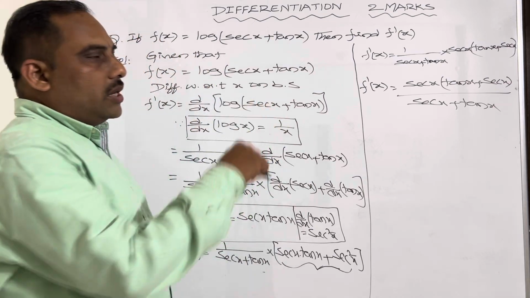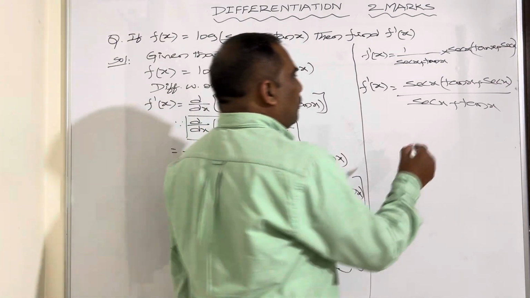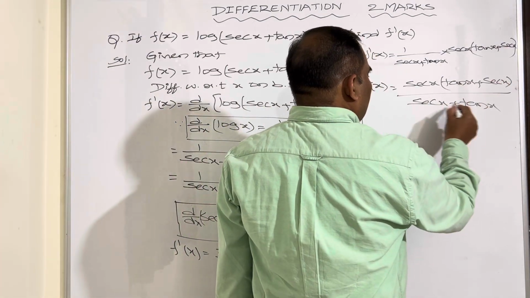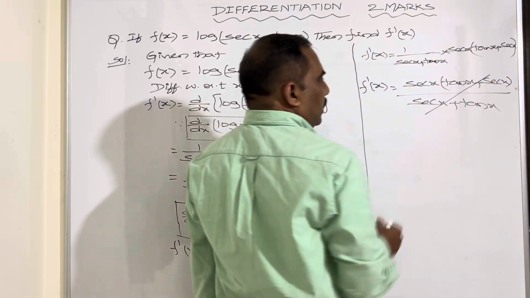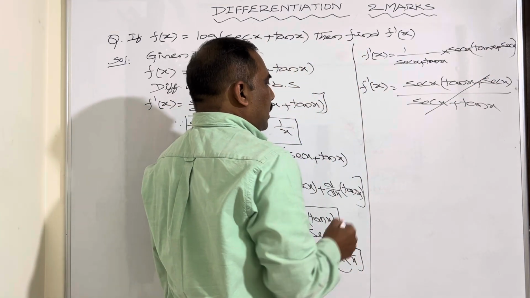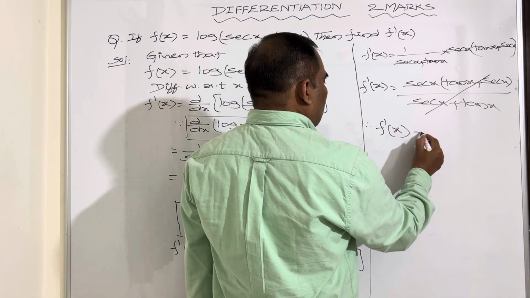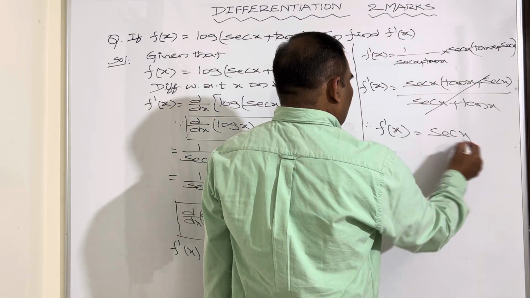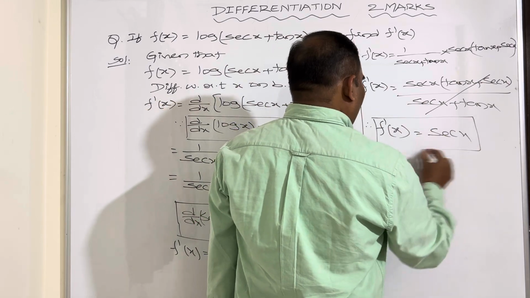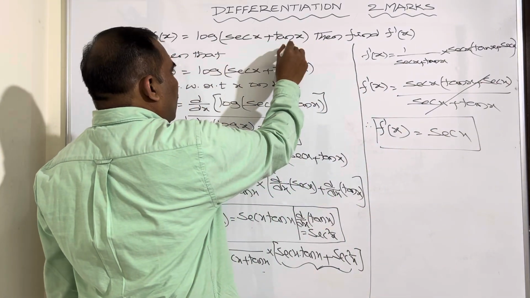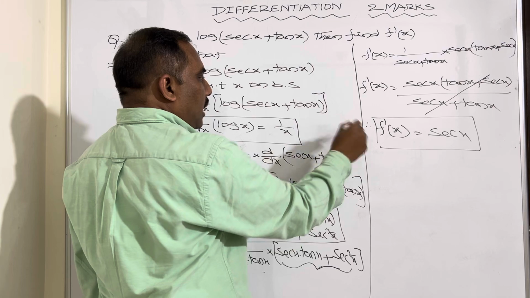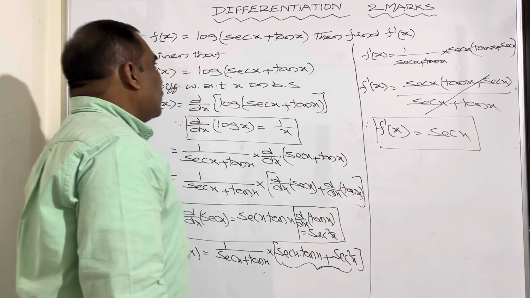Observe the numerator and denominator: tan x plus secant x and secant x plus tan x are both the same and get cancelled. So finally we get f dash of x is equal to secant x. So if f of x is equal to log of secant x plus tan x, then f dash of x is equal to secant x.